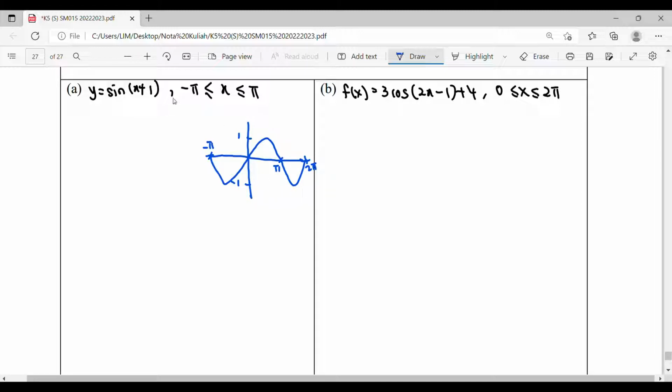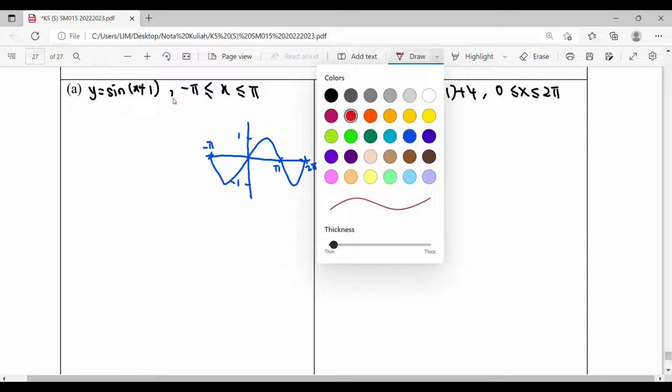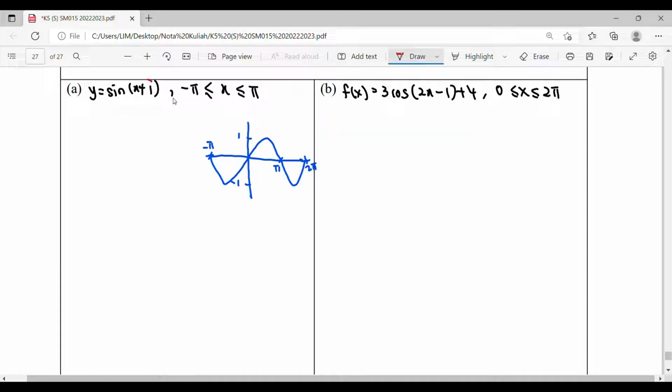And then next, this is not only sine x, this is sine x plus 1. For sine x, x will start at 0. When we have x plus 1, our x will start at -1. So the whole graph will be moved to the left 1 unit.